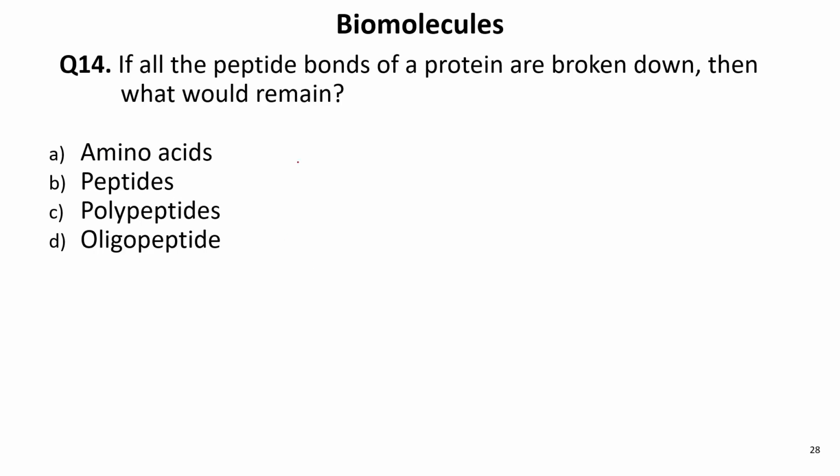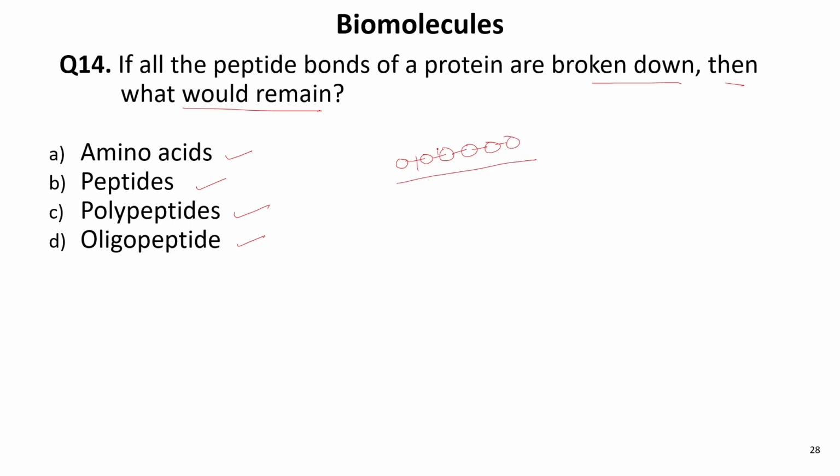Next question. If all the peptide bonds of a protein are broken down, then what would remain? Amino acids, peptides, polypeptides, or oligopeptides. You know that amino acids join together with the help of peptide bonds and form a polypeptide. So this is a polypeptide.